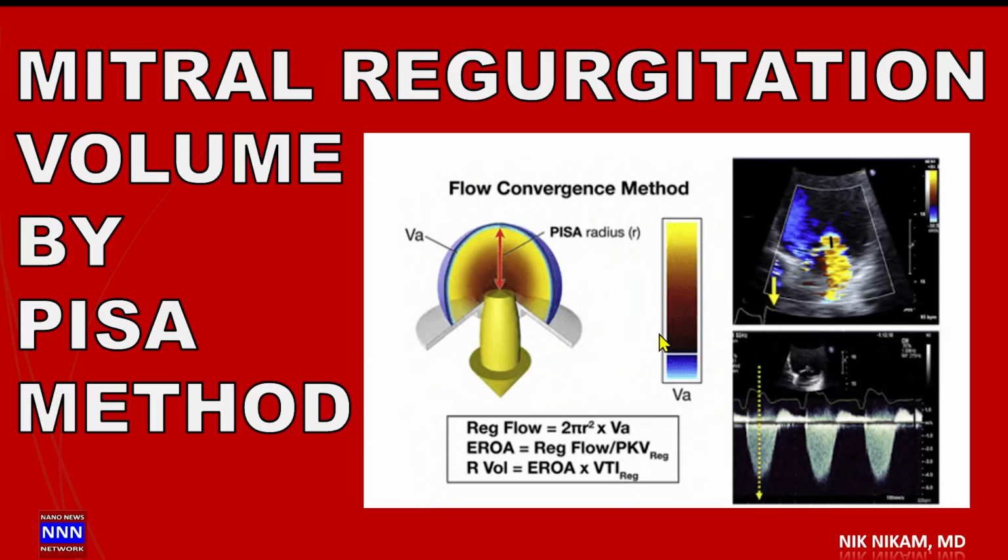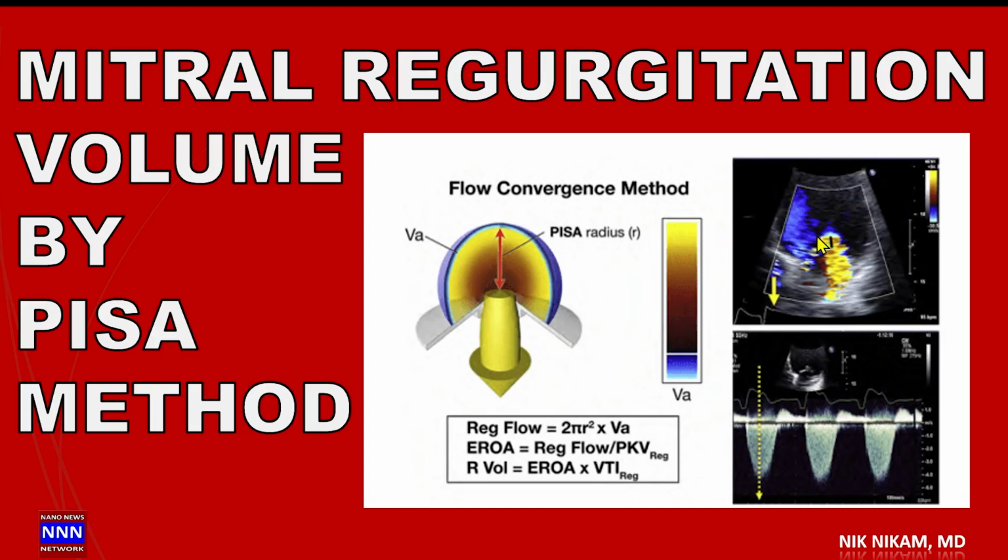In order to do that, first of all, we need to get a good image of the mitral regurgitant PISA, and to get that, we need to bring the scale of the color variance in the color Doppler all the way to the level between 30 to 40, where we see this beautiful delineation of this regurgitant velocity.